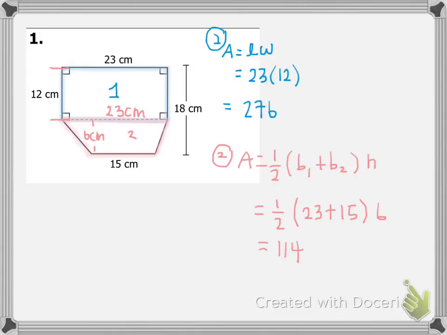So now I'm going to add these two areas together. So 276 plus 114 is going to give me 390. And remember, what are my units in? Centimeters squared.